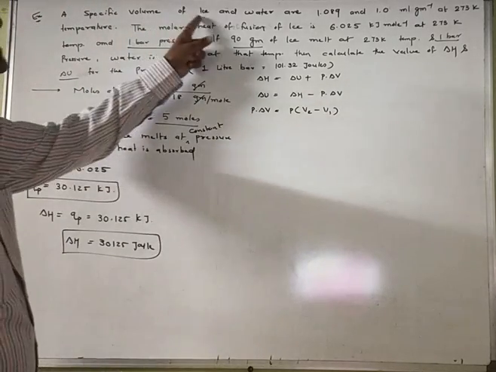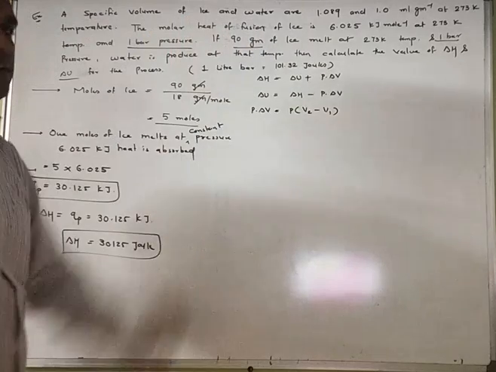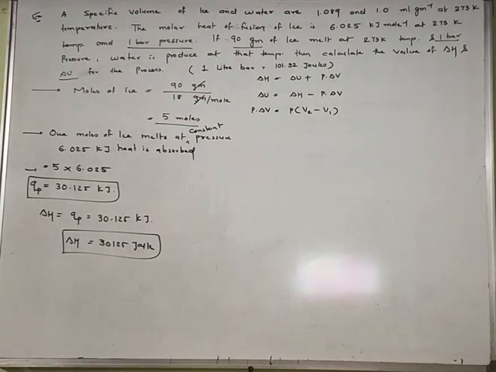So see, V1 is the volume of ice and V2 is the volume of water.